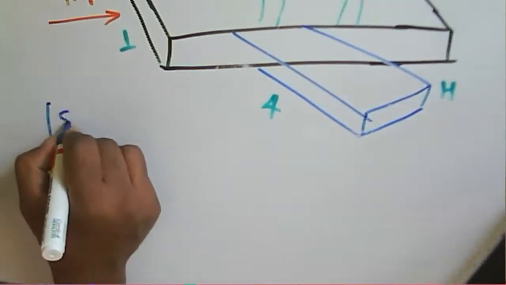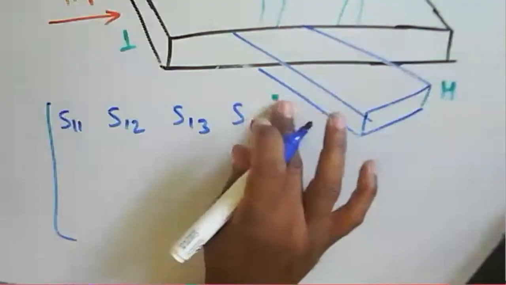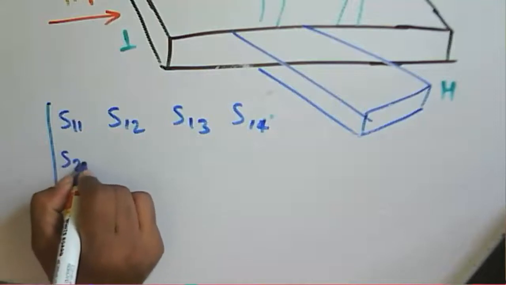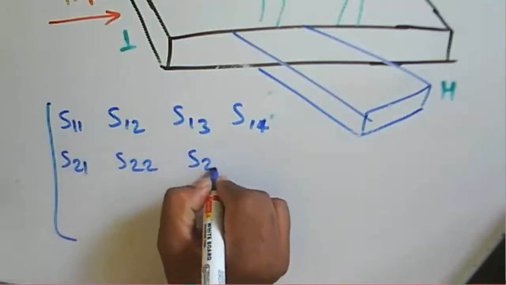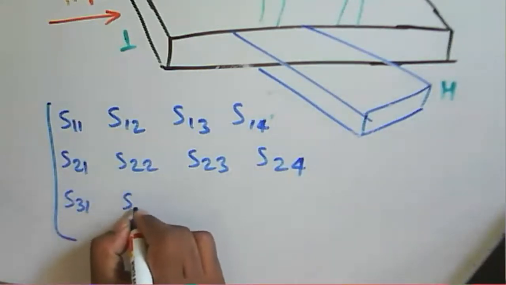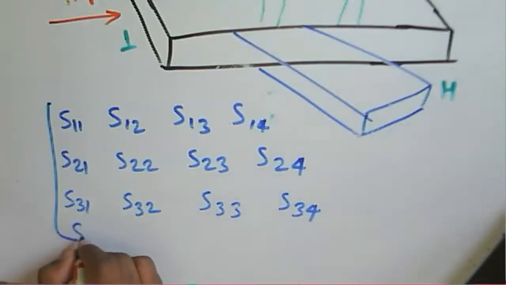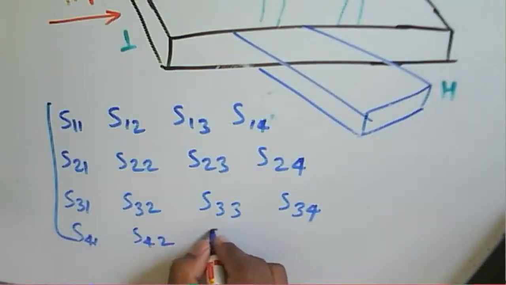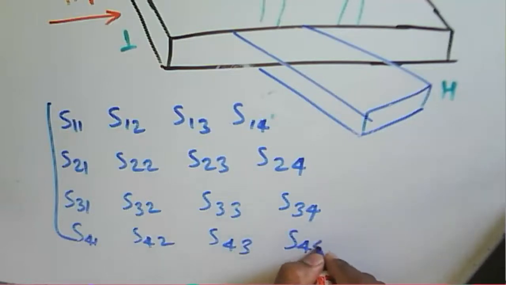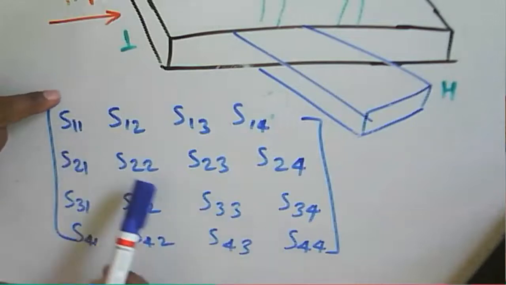The components are S11, S12, S13, S14, then S21, S22, S23, S24, S31, S32, S33, S34, S41, S42, S43, and S44. Earlier, you might have seen that for the S matrix the diagonal elements are 0.